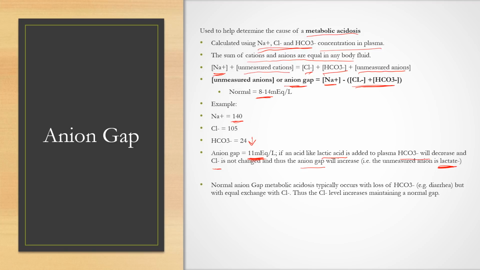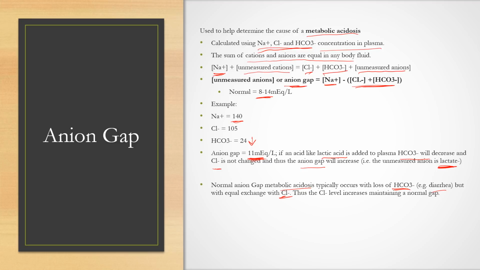Now, normal anion gap metabolic acidosis usually occurs with a loss of bicarb, like diarrhea, for example. But we have bicarb-chloride exchangers, and we'll get an equal exchange of chloride for all the lost bicarb. So the chloride is replacing the lost bicarb.